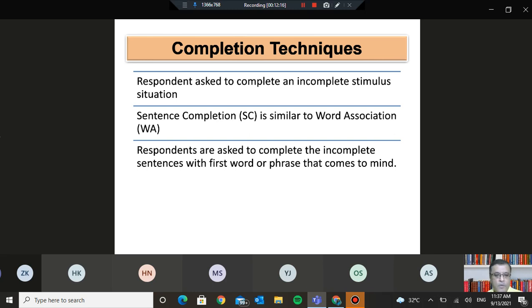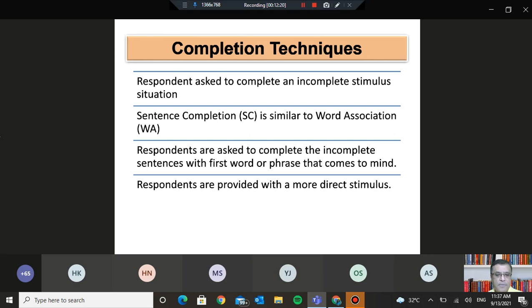The subjects may be asked to record the first, just like we were discussing in the case of word association. Respondents may be asked to complete the incomplete sentence, and in that case, the sentence may be completed using a single word, or the sentence may be completed using a phrase.